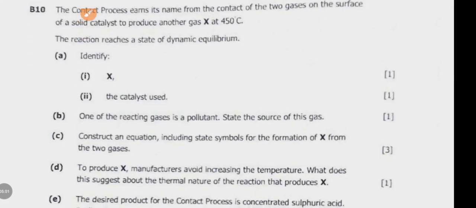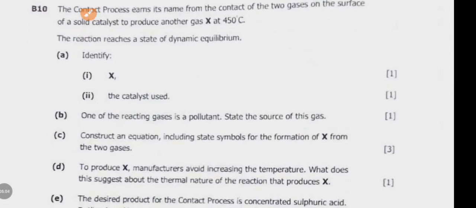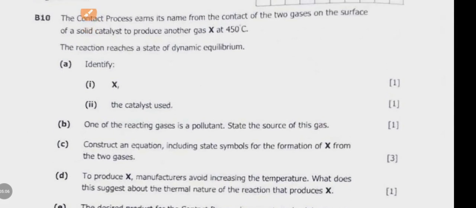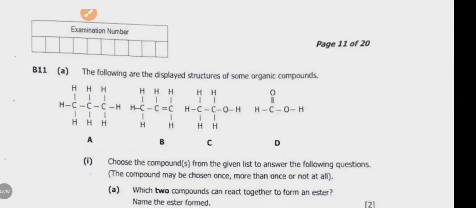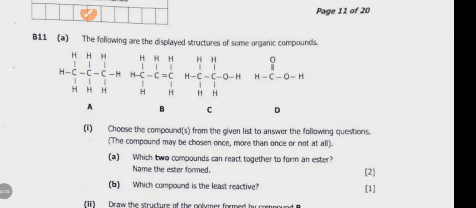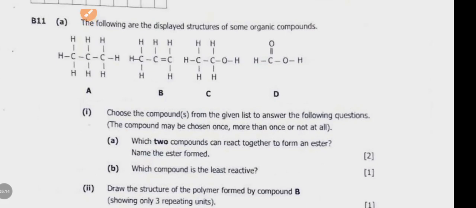Then this question 10, I remember I solved this in another video, so you can watch that video for the solutions. Otherwise, let's go to this organic chemistry question. Question B11. The following are the displayed structures of some organic compounds.